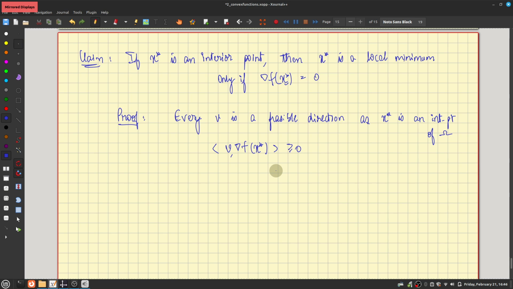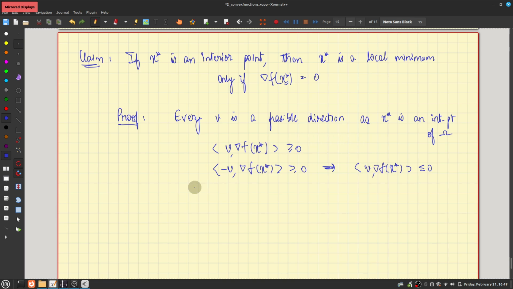But if v is a feasible direction, then minus v is also a feasible direction, right? Which must mean that minus v dot product with gradient f of x star should also be greater than or equal to 0. But what is this equal to? This is just minus the dot product between v and gradient f of x star. So this implies that the dot product between v and gradient f of x star should also be less than or equal to 0, right?